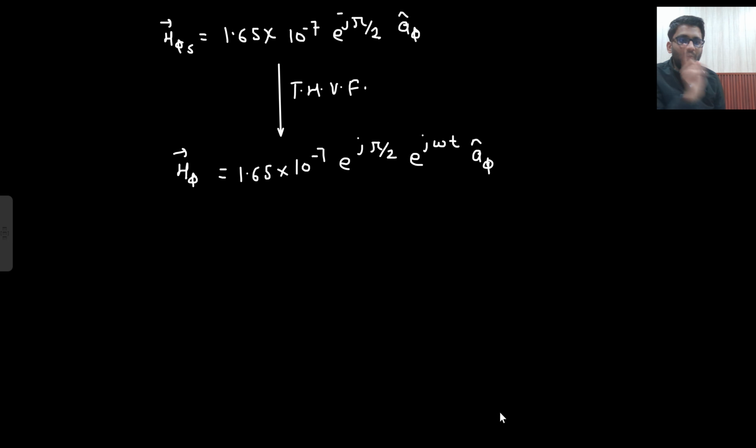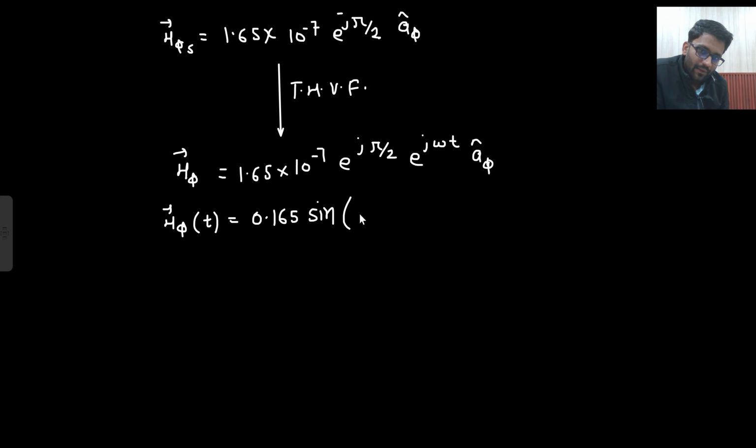So till this point I did all the calculation, but now if I need to write down the time function, that will be 0.165 cos, not cos, sorry, sine omega t plus pi by 2 a phi cap.